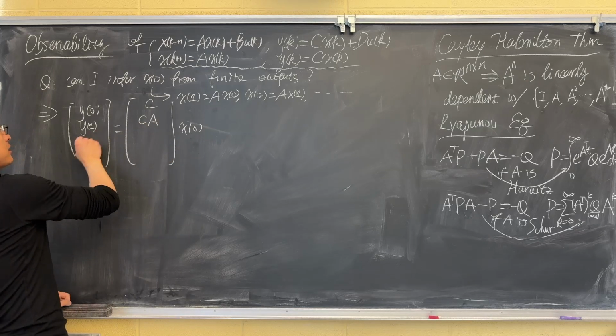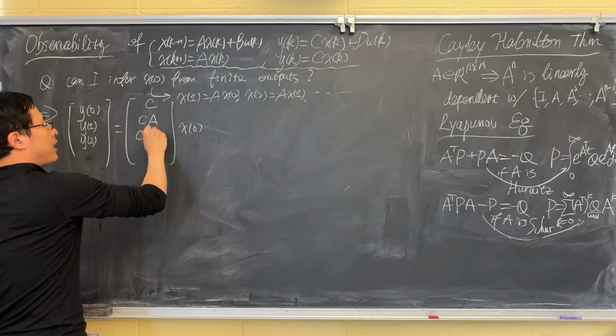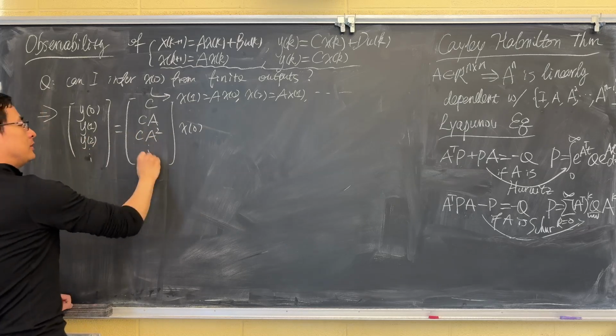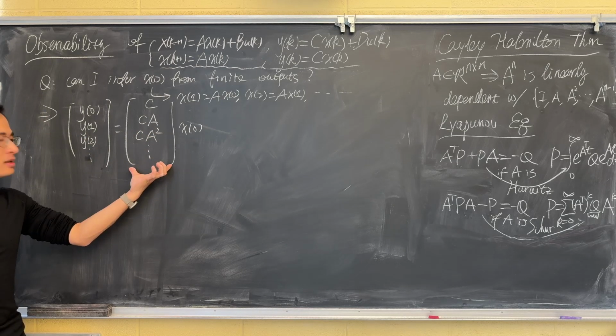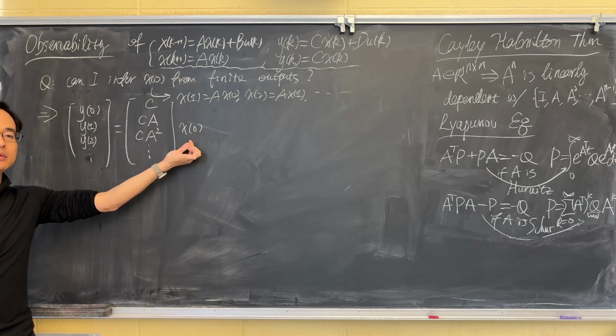You can keep on doing this. y2 is CA squared times x0, and it continues. So this seems to be a matrix-vector equation.